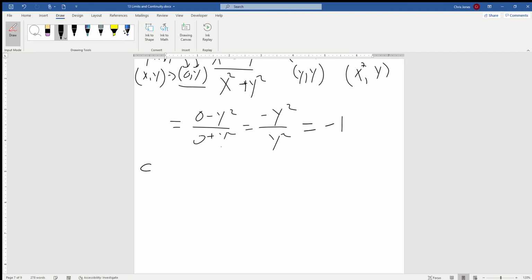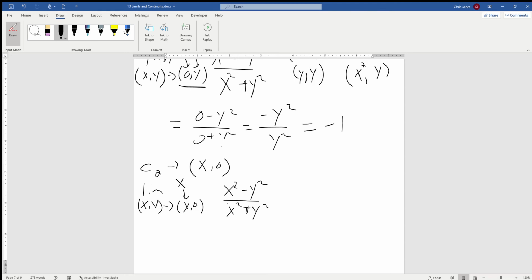Now how about a second path, C2? Let C2 be the path (x, 0). The limit as (x, y) approaches (x, 0) of x squared minus y squared divided by x squared plus y squared: we substitute x for x and 0 for y.